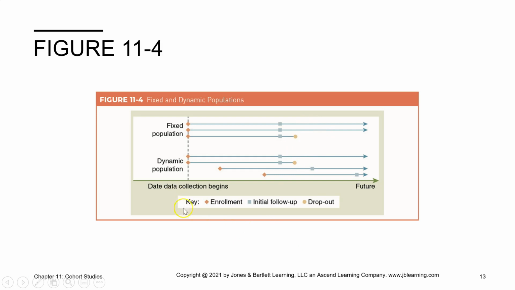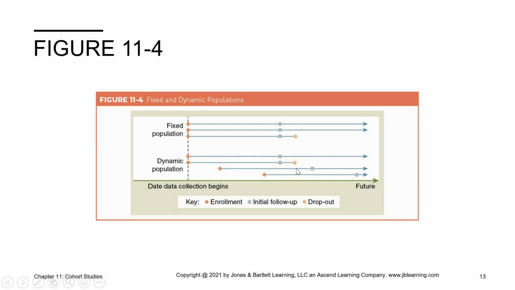In a dynamic population, the first person is the same as in the fixed population; that person's in the study at baseline, at the initial follow-up, and continuing in the study as normal. Versus the second person is at initial follow-up, and then they drop out.